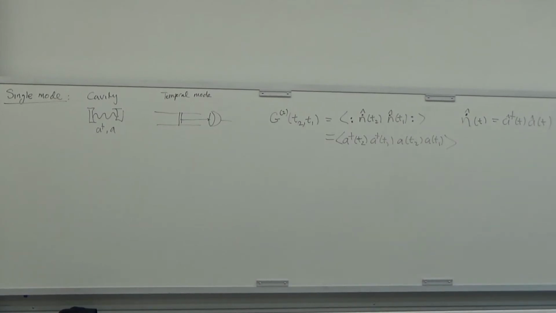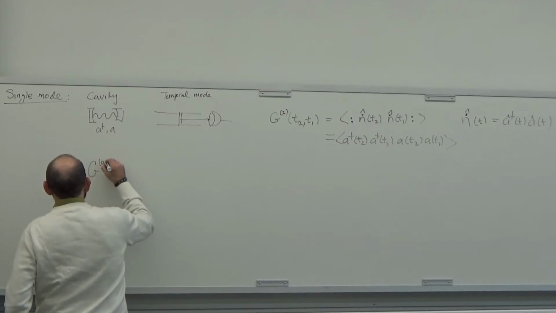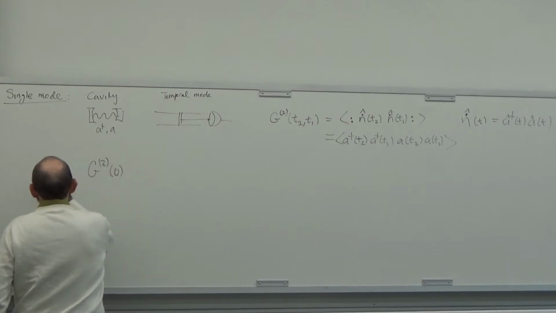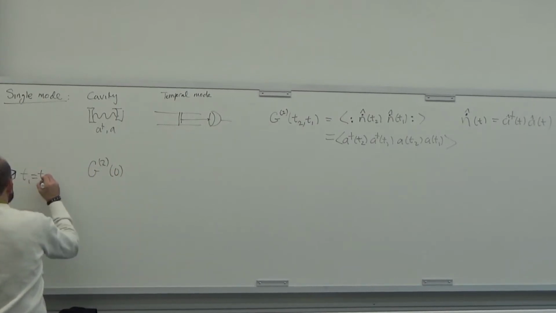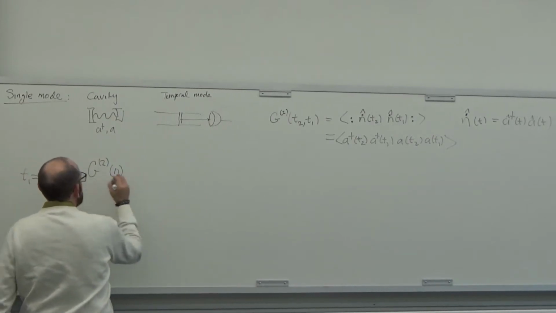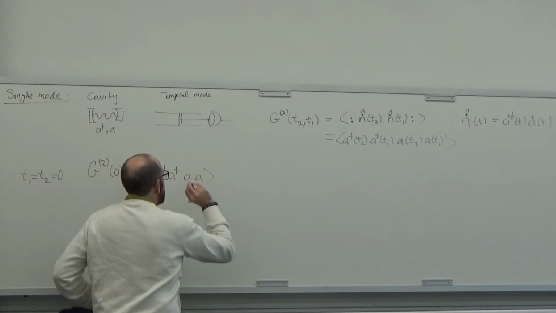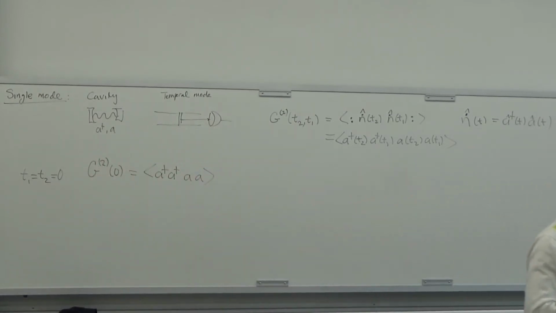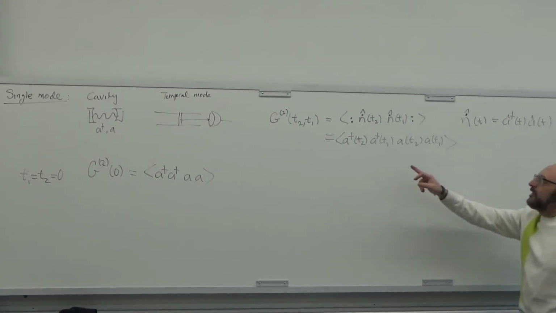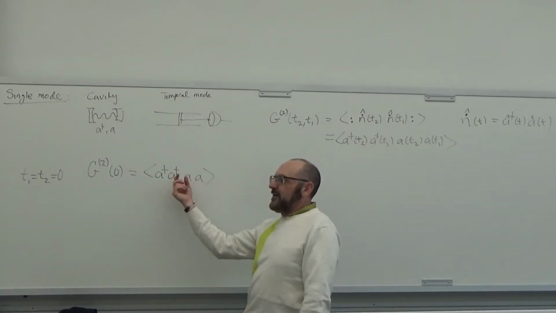Okay. Now, let's think about G2 at 0, where T1 equals T2, and I'm going to just set that equal to time equals 0. Then I'm going to call this a dagger, a dagger, a, a, and forget about all the other labels. Really, I'm being a bit sloppy here because really this is a at 0, a at 0, and then I have to really worry about the fact that these are rates.